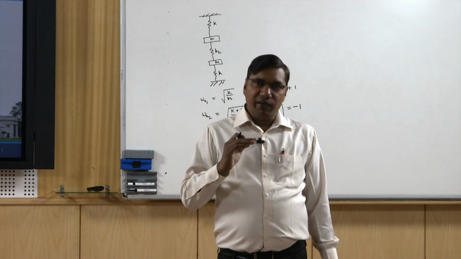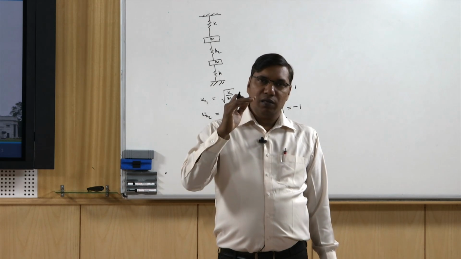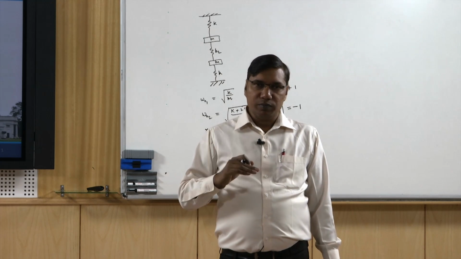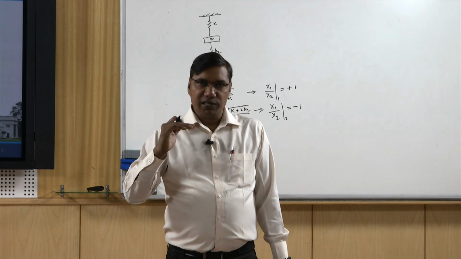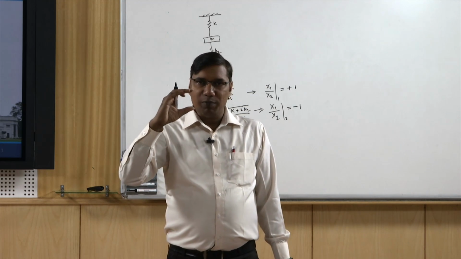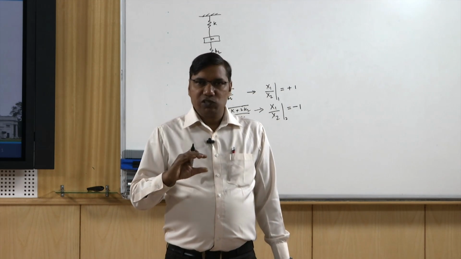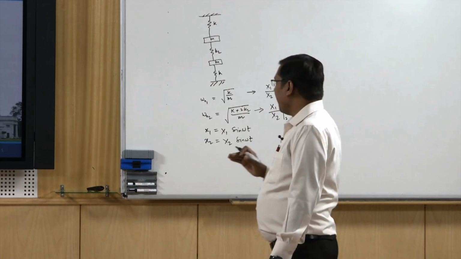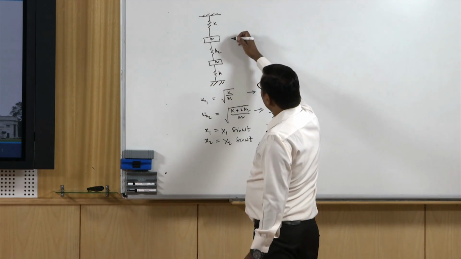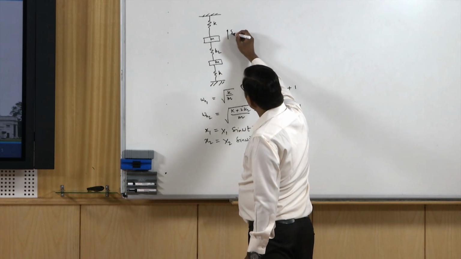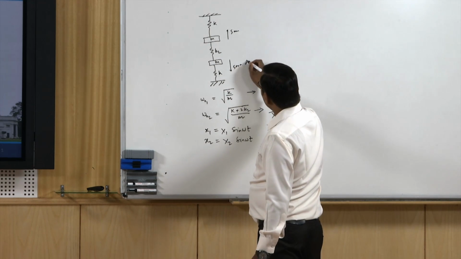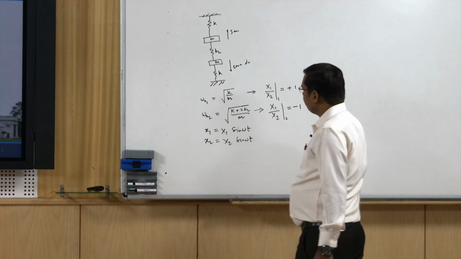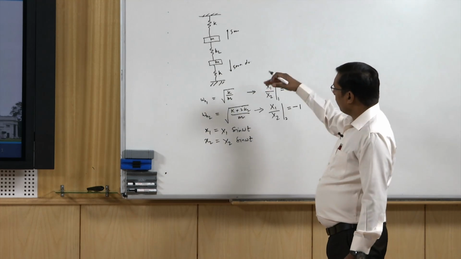So if x1 is going up, x2 will be going down. If x1 is 5 mm upward from its equilibrium position, x2 will be 5 mm downward at that instant of time. So they will be out of phase.